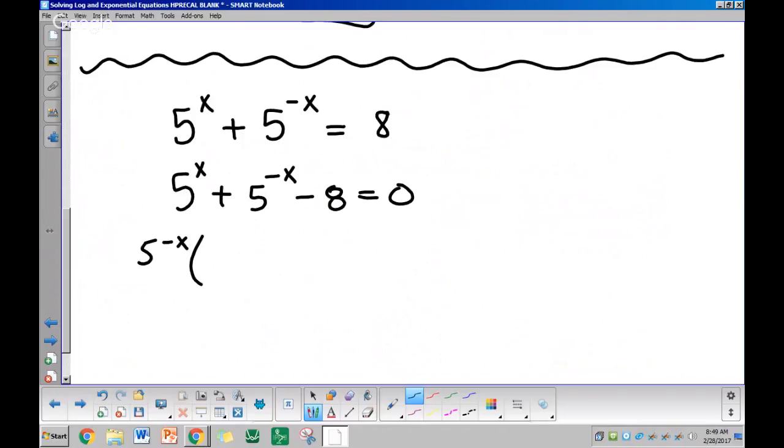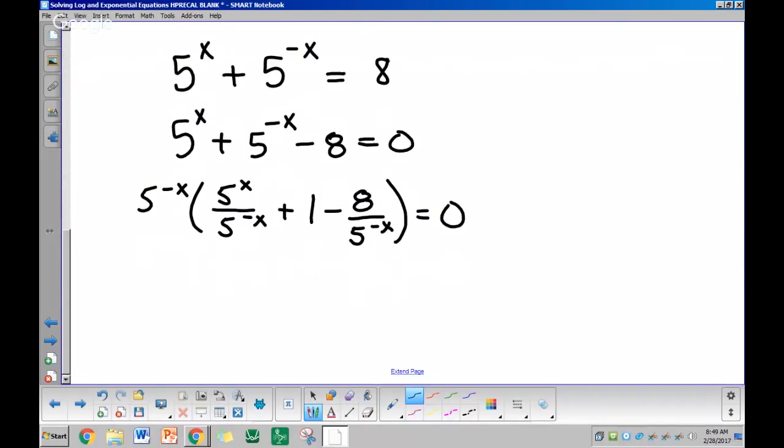5 to the x over 5 to the negative x, plus 1, minus 8 over 5 to the negative x equals 0. If I were to multiply that back in, do I get what I started with?